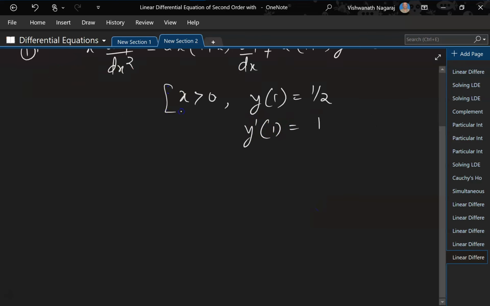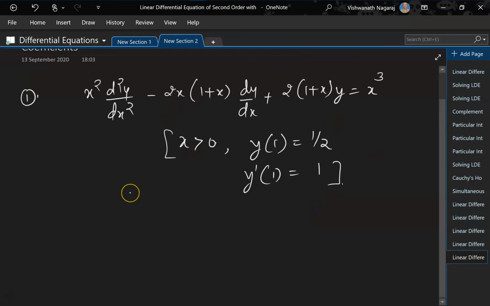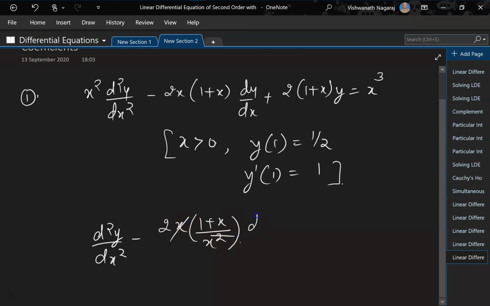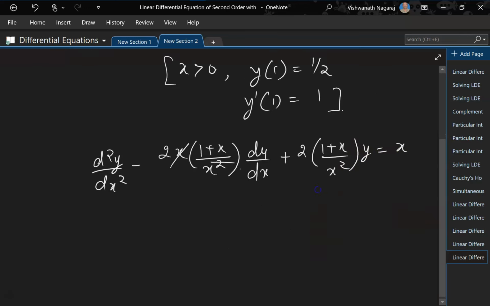So this is given. Now because x is greater than 0, we can divide the entire equation by x square. So d2y by dx square minus 2x(1 plus x) by x square, so one of the x's cancels out, dy by dx plus 2 times (1 plus x) by x square, y is equal to x cube by x square, which is x.